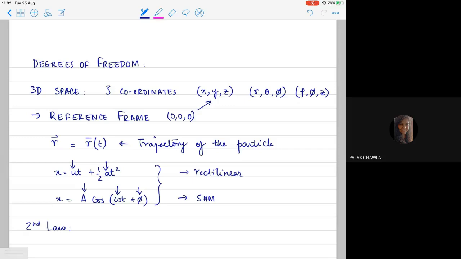So I can easily write that p_i dot is equal to the sum of the external forces acting on the ith particle, plus F_ij, again summed over j. These are the forces acting on the particles.